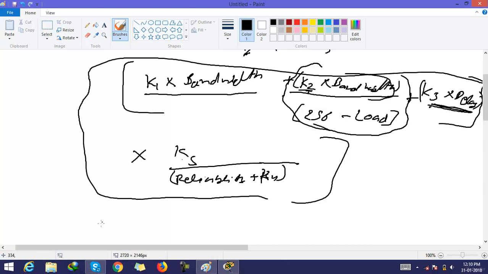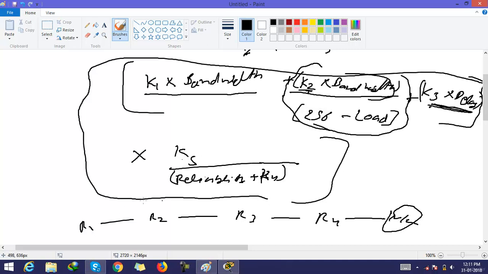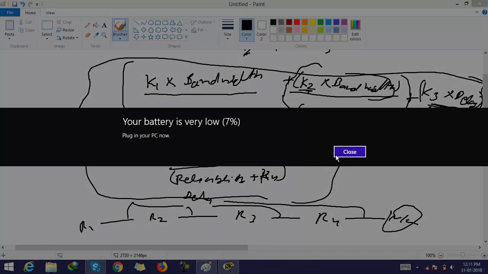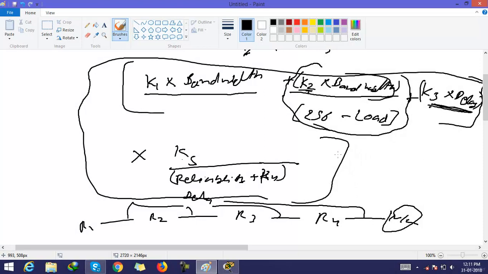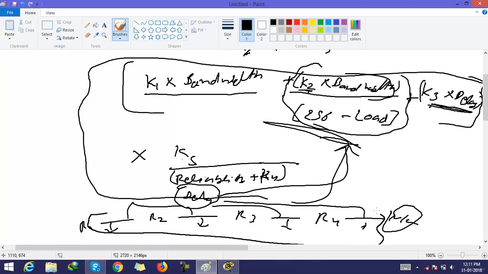For example, if we have R1, R2, R3, R4, and this is our network, the sum of all delays along the path is used for this formula. And there is also some bandwidth. The least bandwidth along the path is always used for this formula.